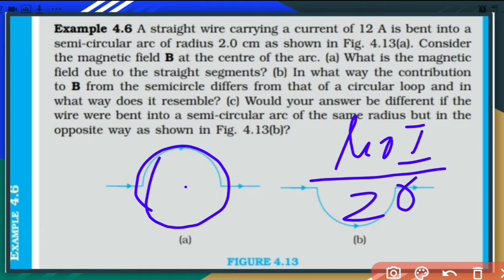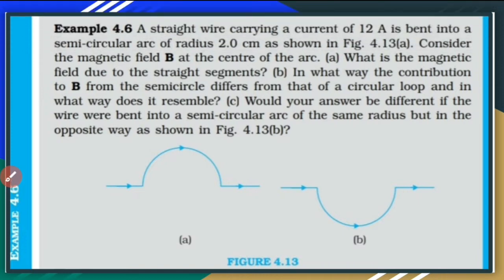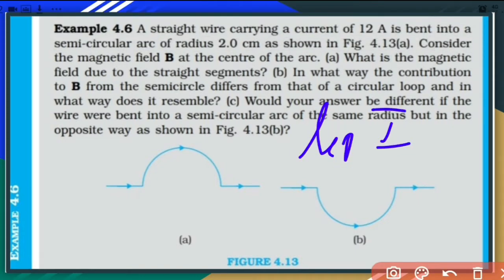Now if it is a semicircle, instead of a full circle, due to symmetry the magnetic field will be only half of the earlier one. That means mu 0 I by 4r instead of 2r. So the difference is that the magnetic field due to the semicircle will be half that of the full circle.